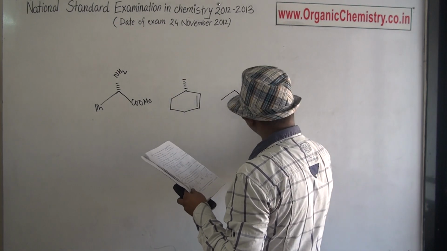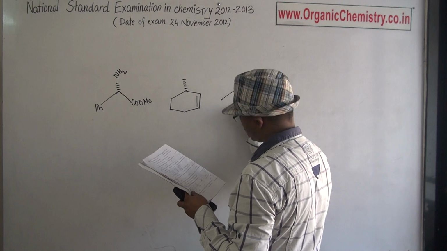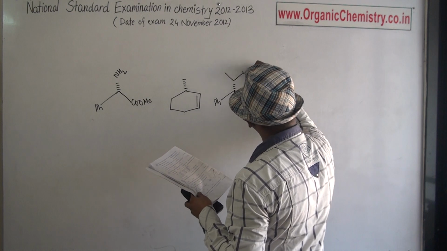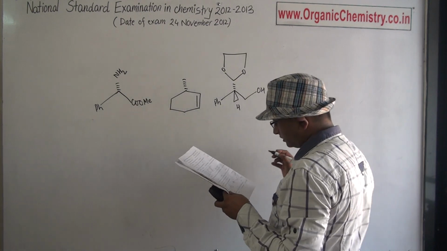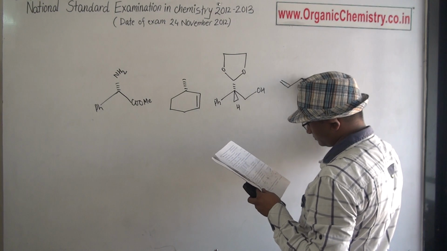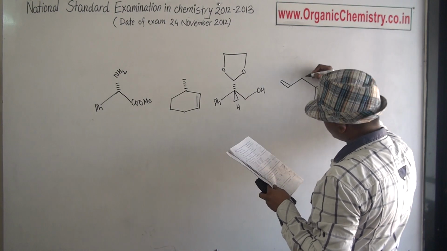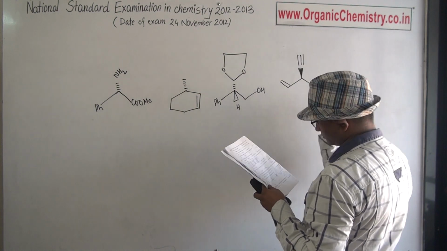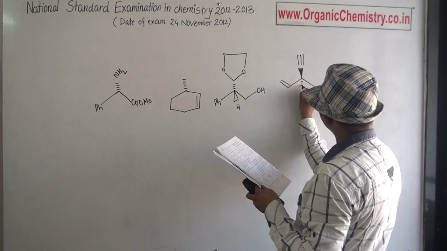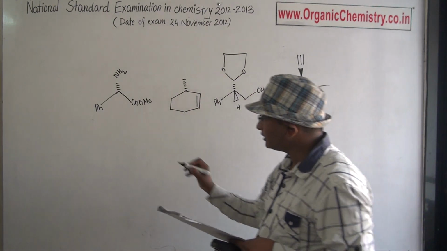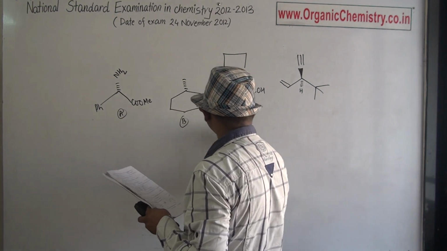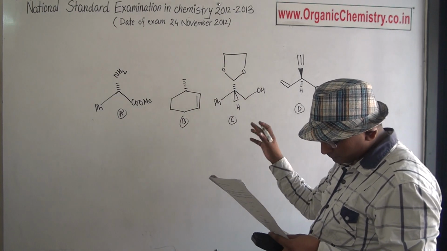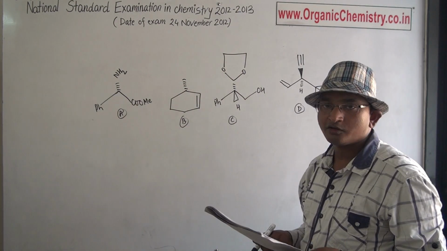The third structure has H, Ph, and O. And the last structure is this one. These are A, B, C, and D. And now the question is, which of the following compounds has R configuration?